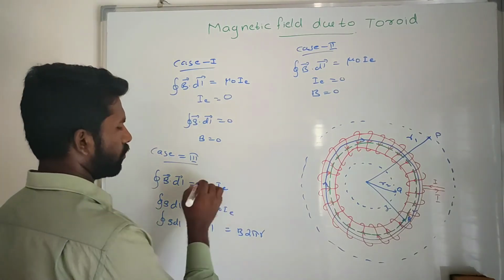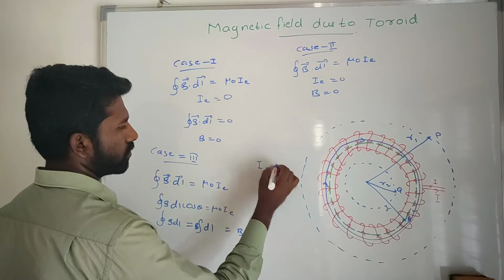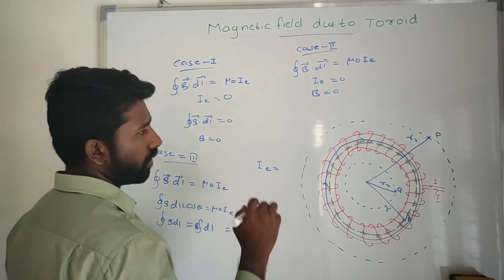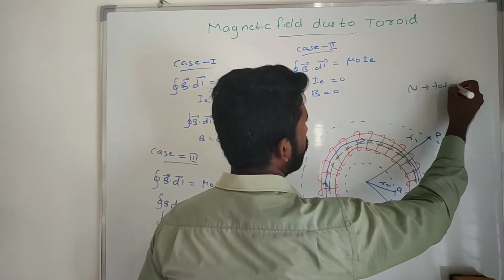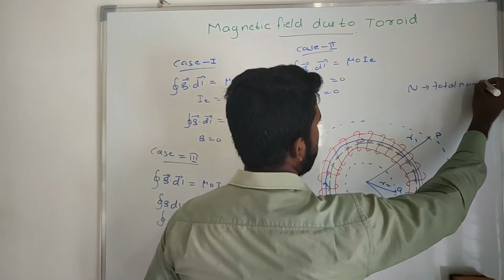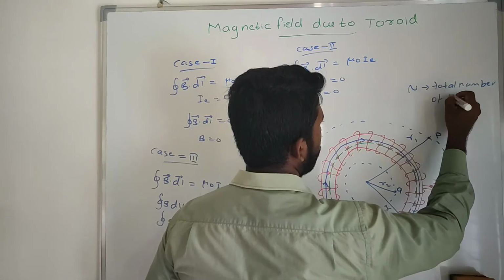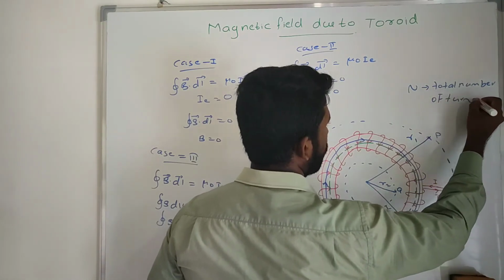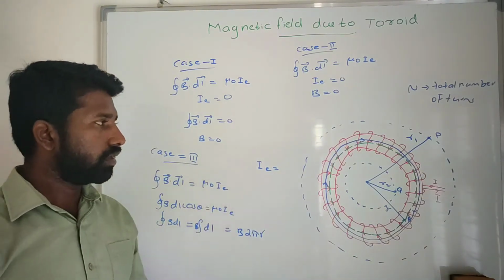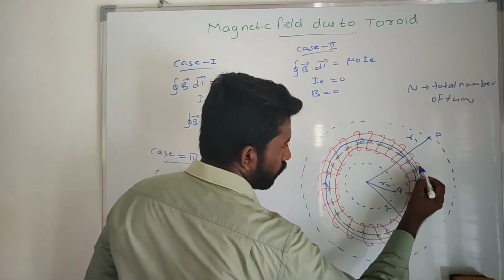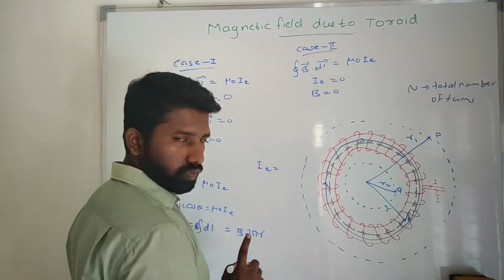Next we will see what about I enclosed. Let me consider that N is the total number of turns. This capital N is the total number of turns. Through one turn, current I is passed.